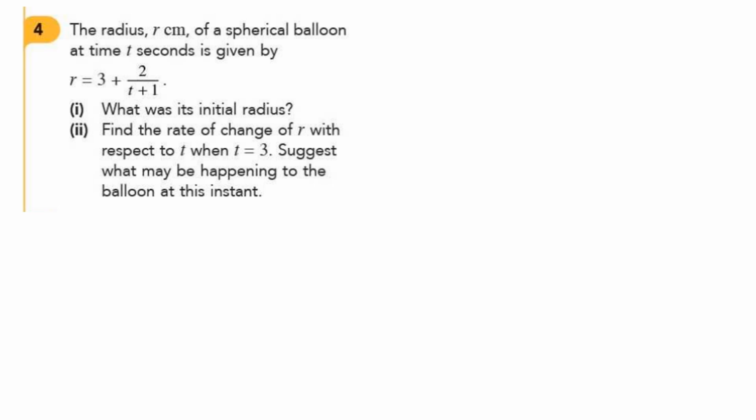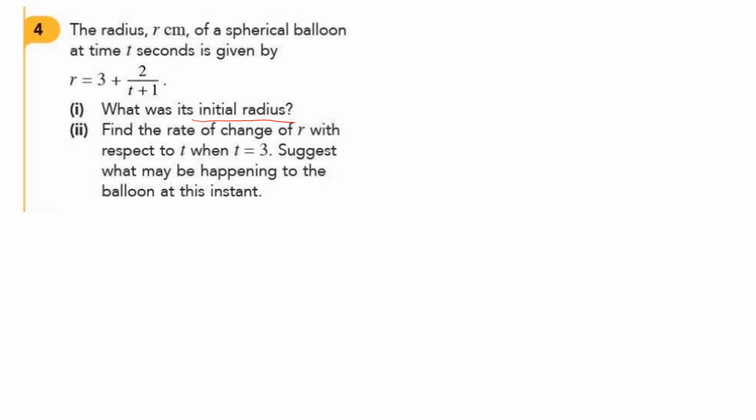So we need to understand what's the meaning of these two words, initial radius. Initial means the beginning, means the first time when you see the balloon, right? It's when nothing has happened yet. So that is when t is equal to 0.